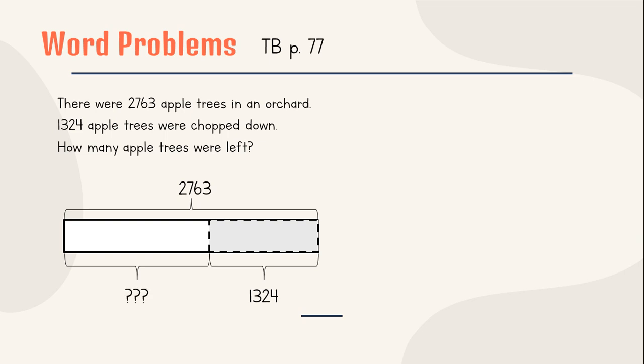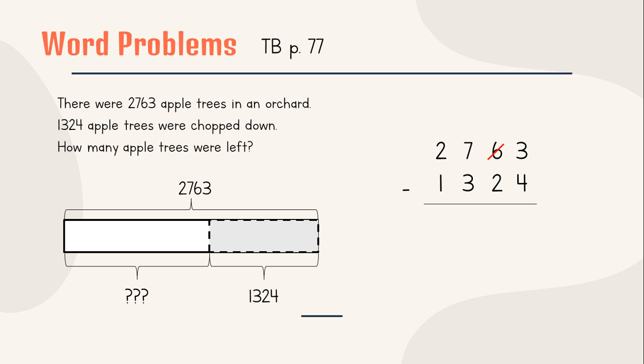So, if there were 2,763 and 1,324 apple trees were chopped down, it means we have to do subtraction or addition? Subtraction, that's right, because whenever you chop something, that will be less. So 3 minus 4 can or cannot?